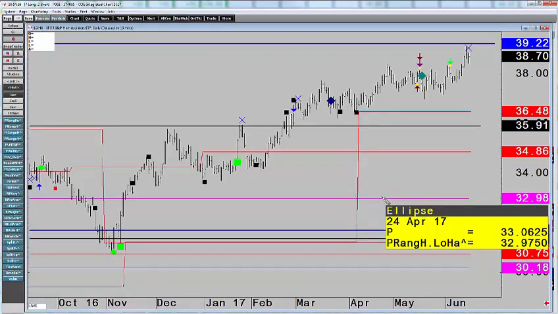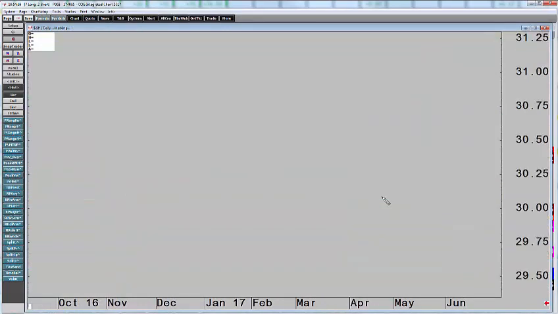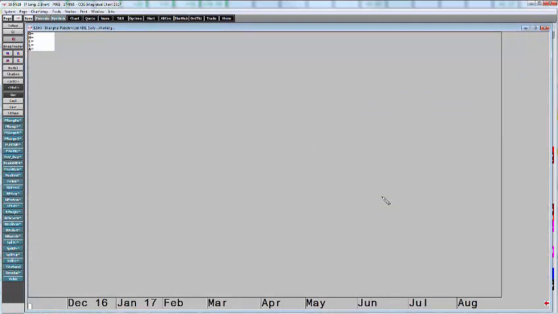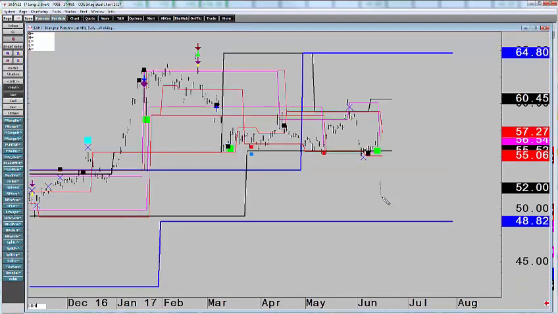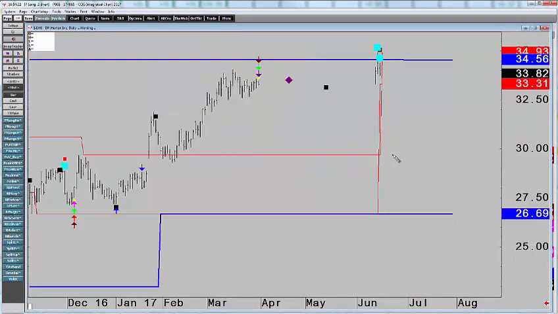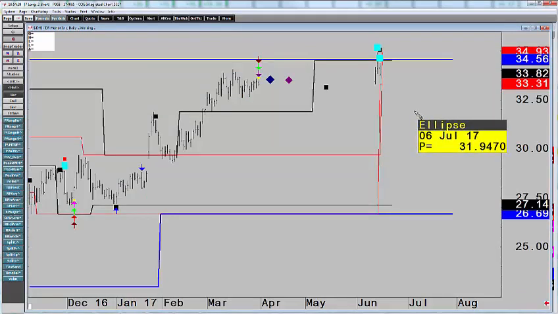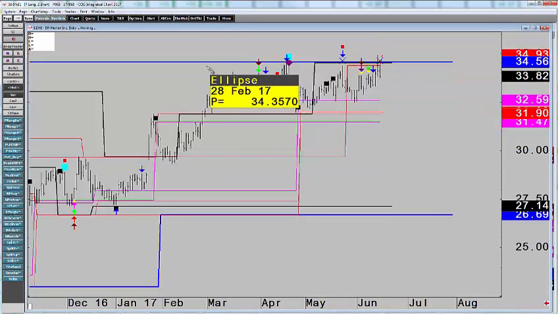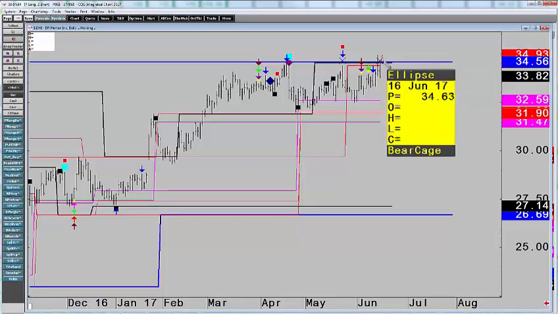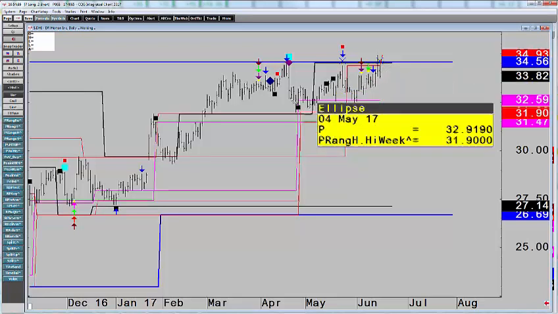The thing that really interests me is a couple of the components. I haven't gone through them all yet, but I looked at a couple. If I type it in right, DHI. Come right up to the monthly level again. We had a bear cage yesterday.